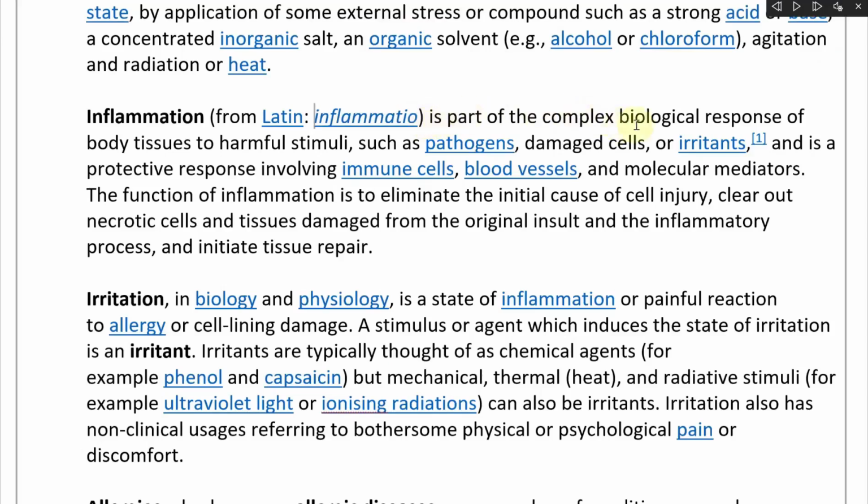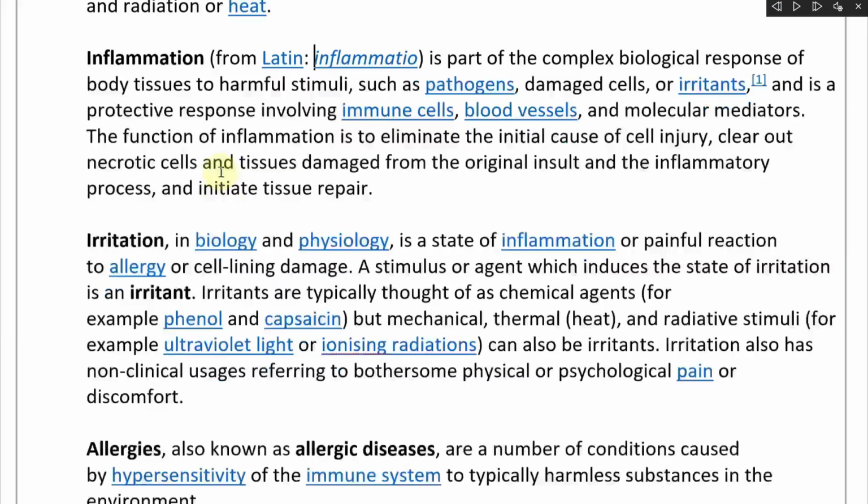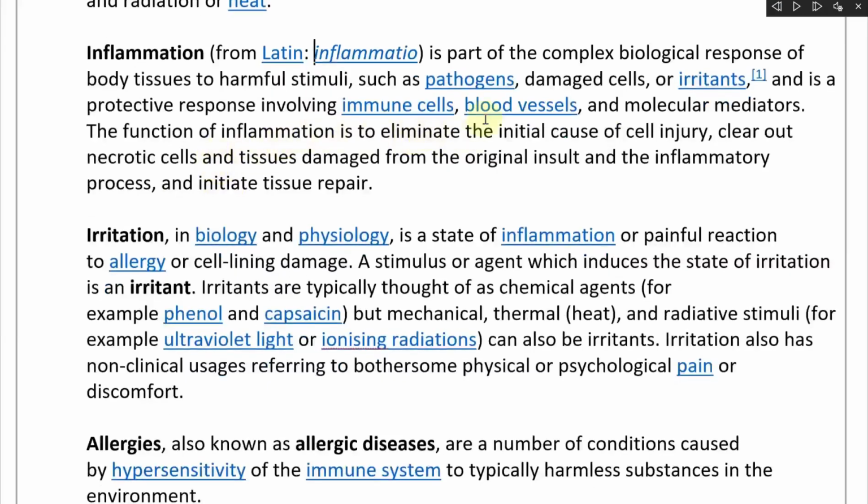Inflammation is part of the complex biological response of body tissues to harmful stimuli, such as pathogens, damaged cells, or irritants, and is a protective response involving immune cells, blood vessels, and molecular mediators. The function of inflammation is to eliminate the initial cause of cell injury, clear out necrotic cells or dying cells, and tissues damaged from the original insult and the inflammatory process, and initiate tissue repair.